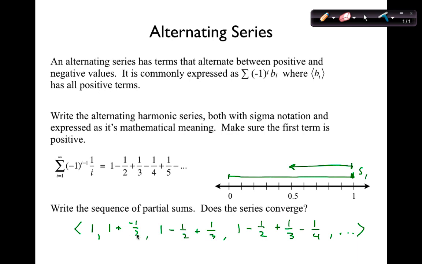Because 1 minus a half is positive 1/2. So here we are at S2. And then from there, we're going to add 1/3. And that's going to put us somewhere about there. There's S3. And then what next? This is S4. So I'm going to subtract a 4th, and I'm going to end up somewhere about there.